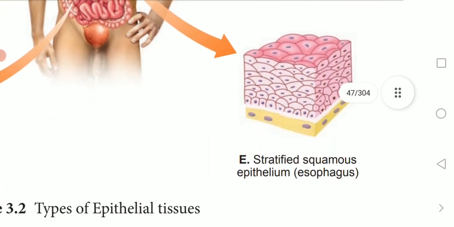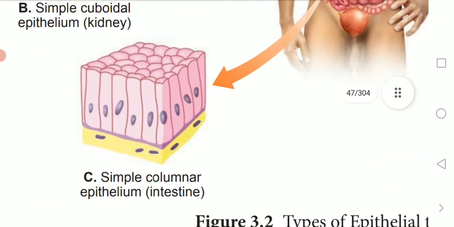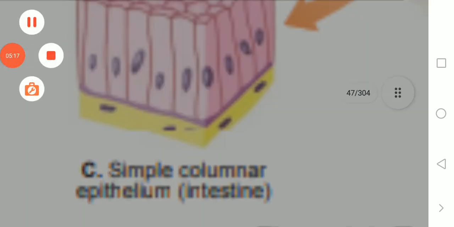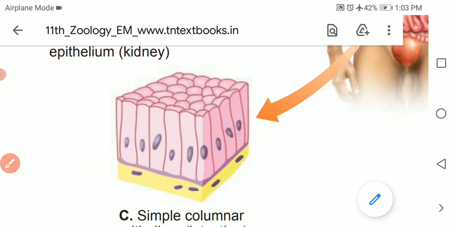This is the structure of simple columnar epithelium. It is composed of a single layer of tall cells.